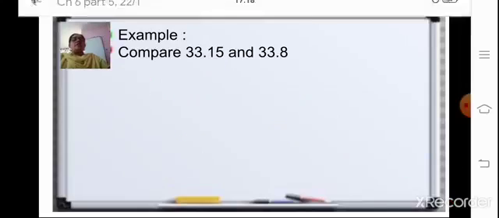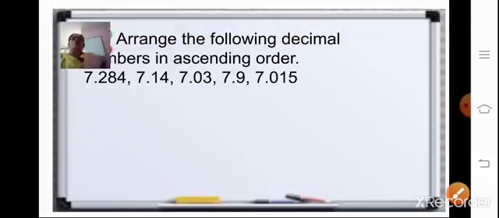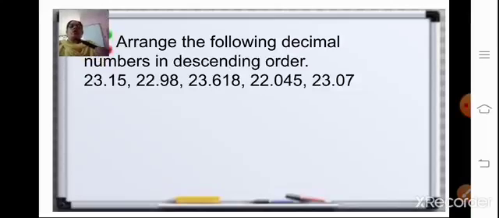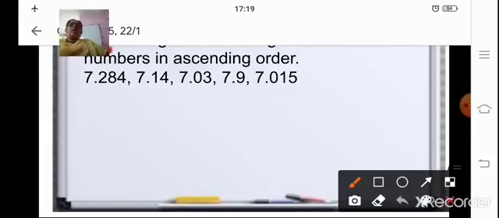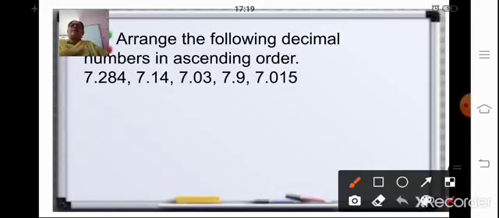Based on this, let us learn how to arrange the numbers in ascending and descending order. The first one is: arrange the following decimal numbers in ascending order. Here the numbers are 7.284, 7.14, 7.03, 7.9 and 7.015.